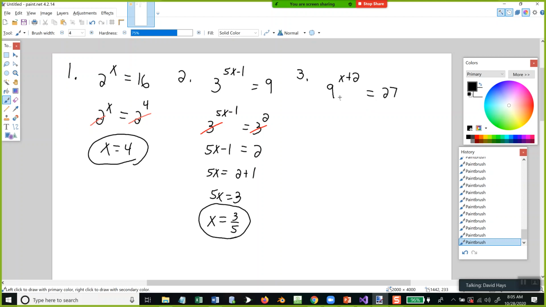Some problems, you have to focus on both sides. For example, I can rewrite the 9 as 3 squared, and I can rewrite 27 as 3 to the third. So you look to see if you can rewrite the numbers on both sides as the same number to a power. Now I noticed when I rewrote the 9 as 3 squared, it already had an exponent, so I put parentheses around the exponent that was there. When you put a new one up there, you have to multiply those together.